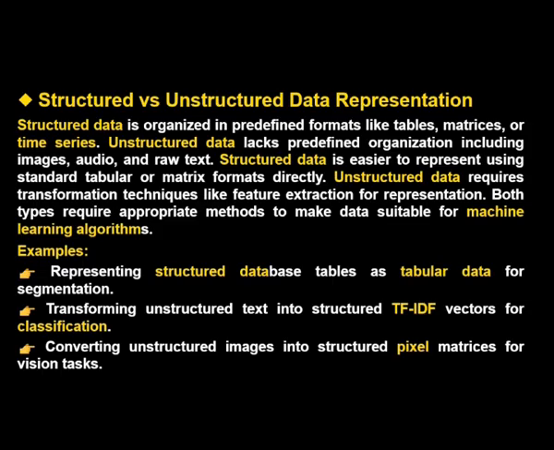Unstructured data does not have a predefined format, like text data, images, audio data, and video data. Structured data can be directly represented in table form. Unstructured data requires pre-processing and feature extraction before representation. Both structured and unstructured data must be transformed into numerical formats for machine learning models.